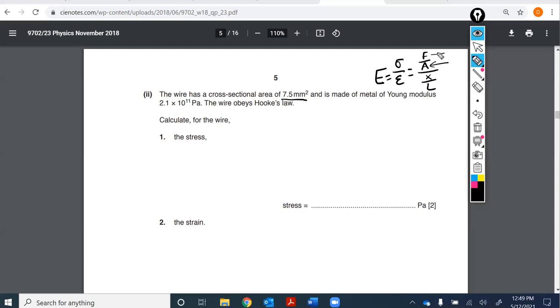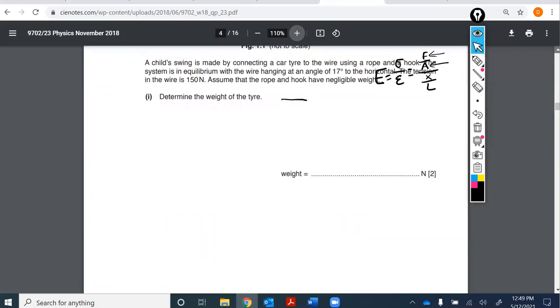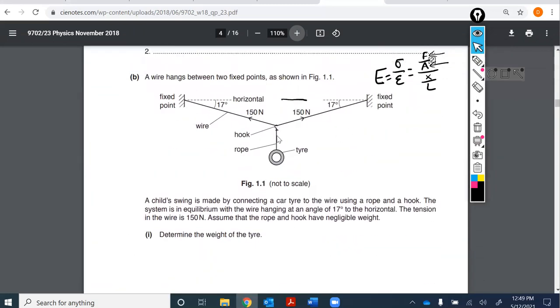We know that the force acting on the wire, let's read carefully. Not the rope, it's the wire, okay? With the wire hanging, so it's a single wire, all right?